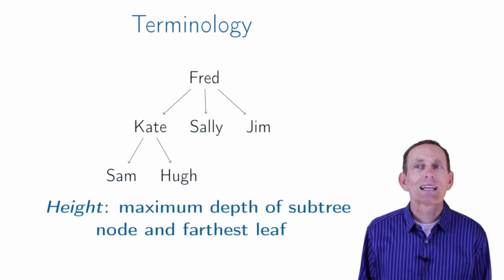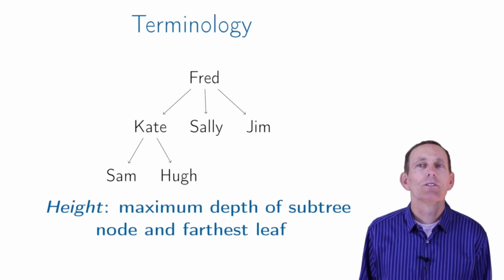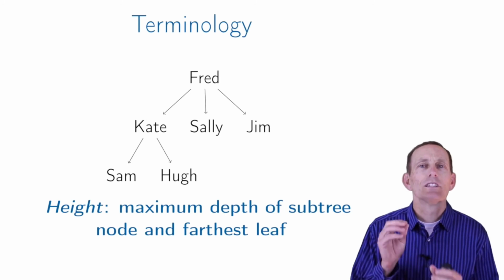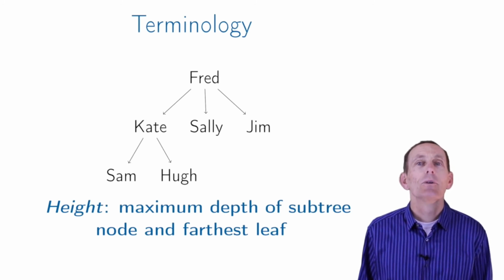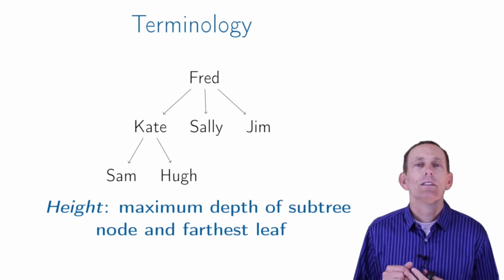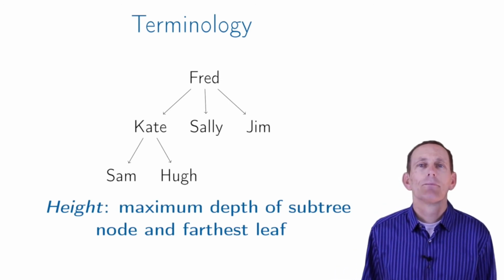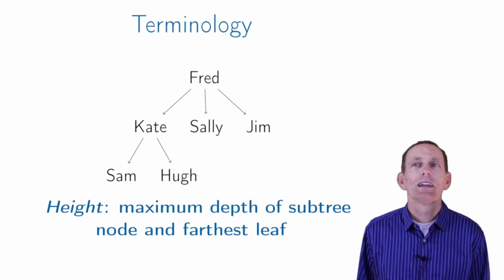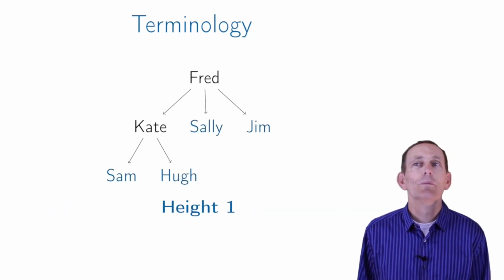The height is the maximum depth of the subtree from the node to the farthest leaf. So if we want to look at the height of Fred, we want to look at what is its farthest down descendant. Okay. And so its farthest down descendant would be either Sam or Hugh. Its height would be 3.